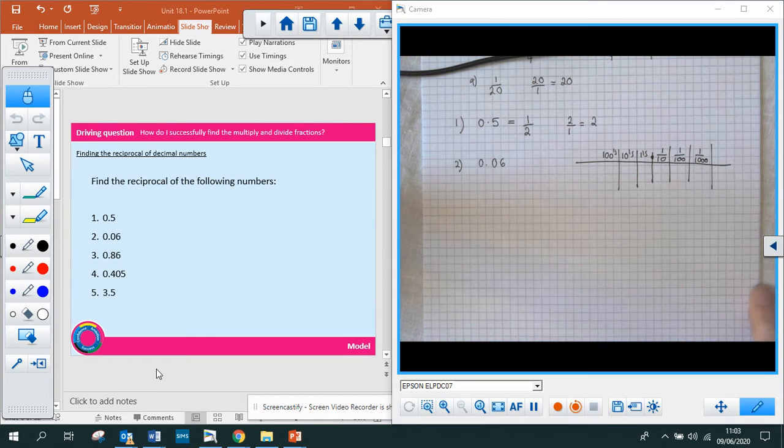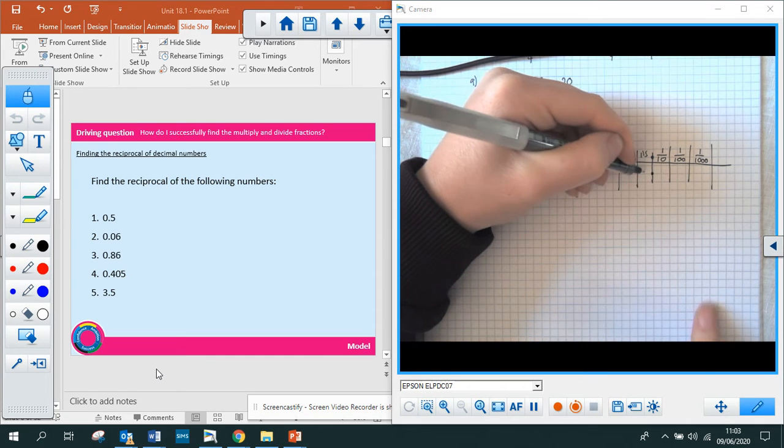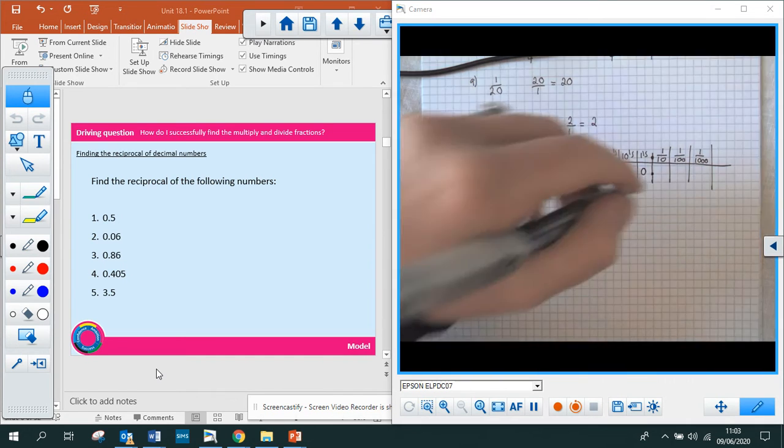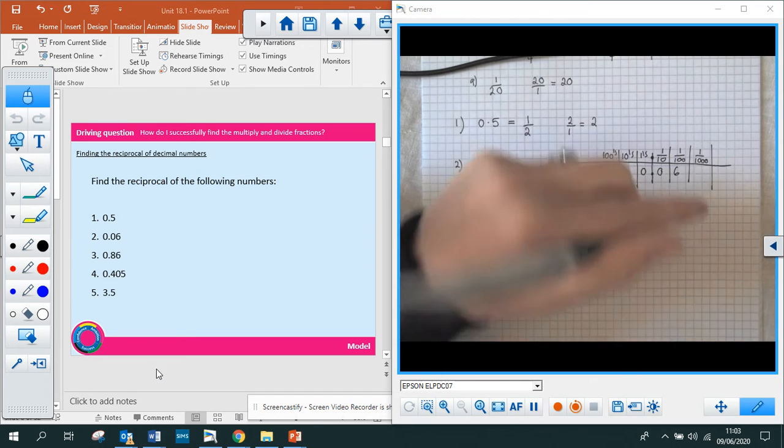So if I fill in my place value table with my decimal, that's where my decimal goes. So it's 0 ones, 0 tenths, and 6 hundredths. So 0.06 gives me 6 hundredths.